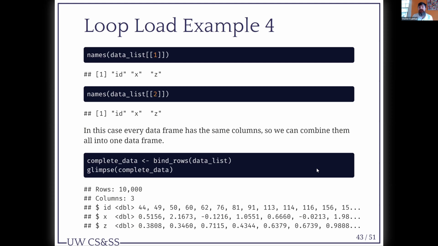A convenient way to do that is the bind_rows function. bind_rows is a dplyr function, and if you give it a list where all of those elements are data frames with the same column names, it will take them all and scrunch them together, like rbind does, into one big data frame. I do that here, I take a look, and it's taken my 10 CSV files and compressed them into a single 10,000 row data frame, okay?